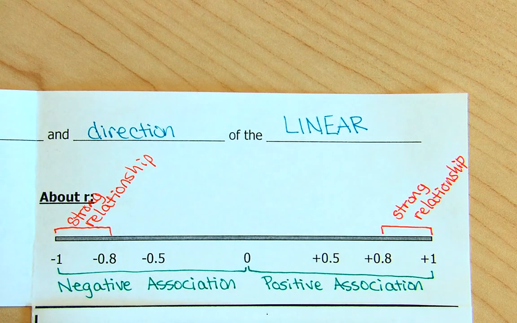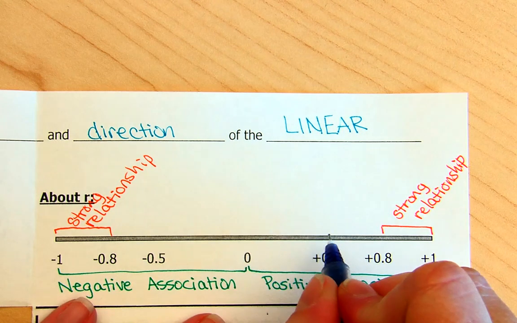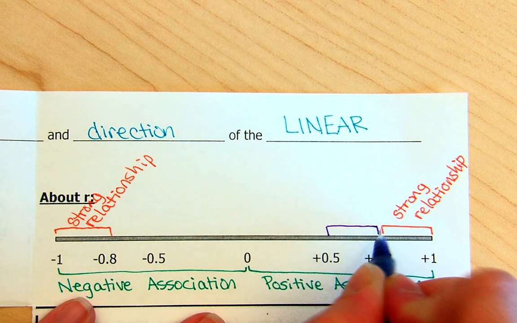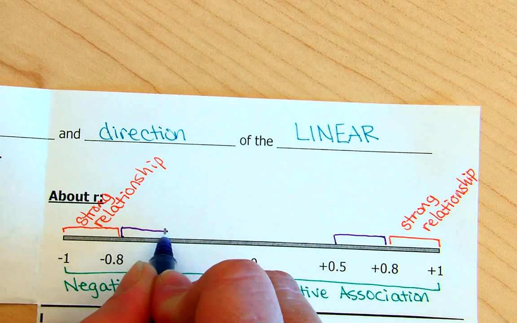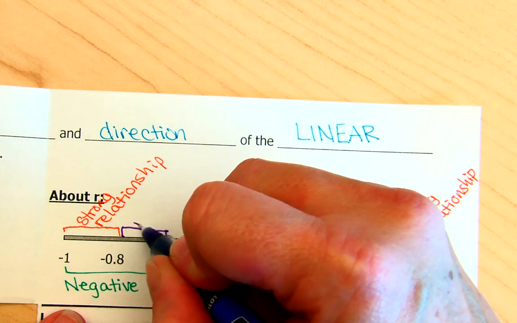So anything between 0.8 and 1, whether it's positive or negative, is going to be considered strong. If we're between 0.5 and 0.8, these values in here on either side, these are our moderate values.